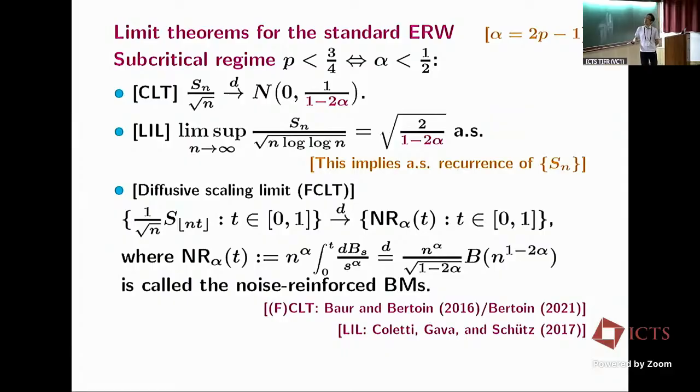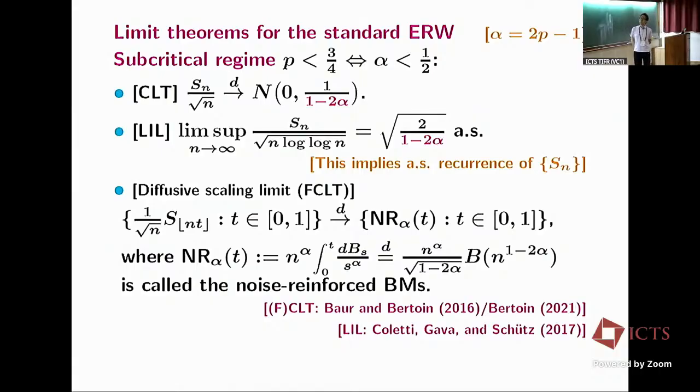And it is nothing but a time change version of Brownian motion. Such a diffusion process often appears in this kind of random walk. Now, this class of diffusion process is called the noise reinforced Brownian motion.